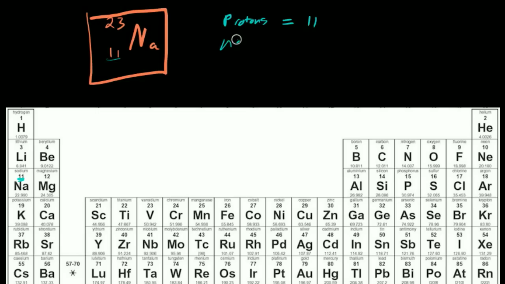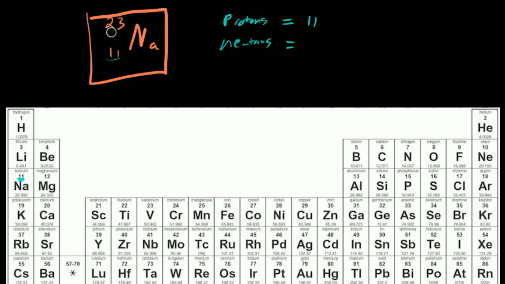How many neutrons do we have? This number is the atomic mass of this isotope of sodium. If we subtract 11 from 23, that should give us how many neutrons we have, because the atomic mass is the number of protons plus the number of neutrons.